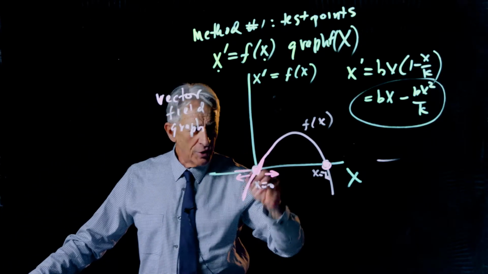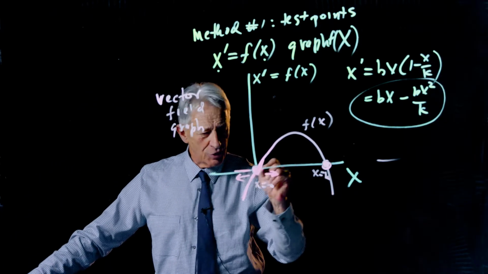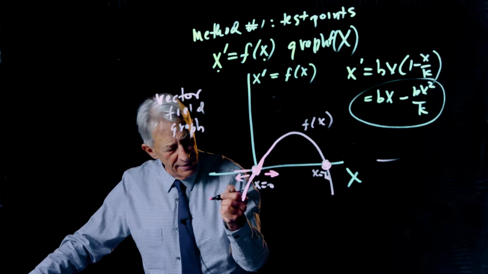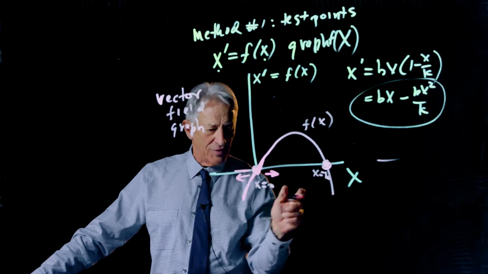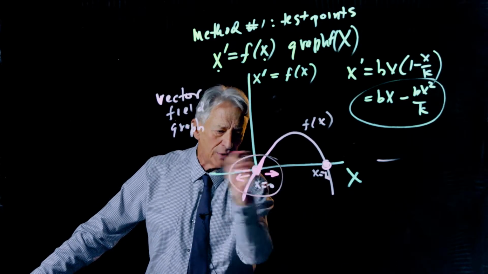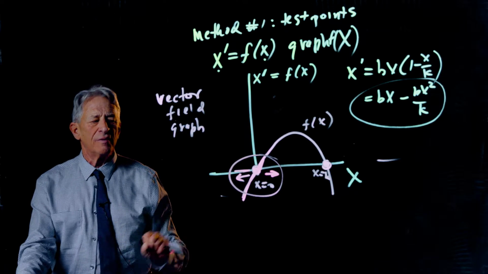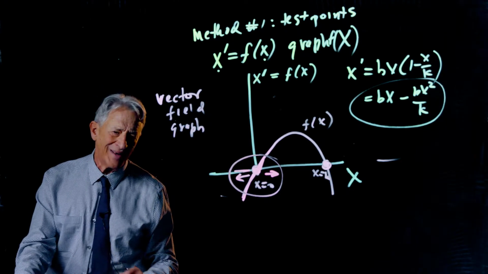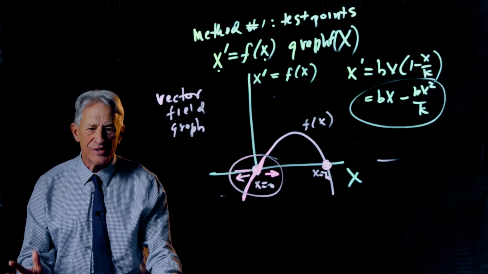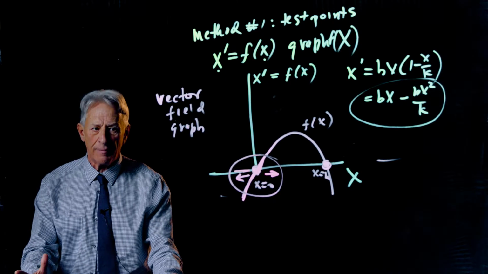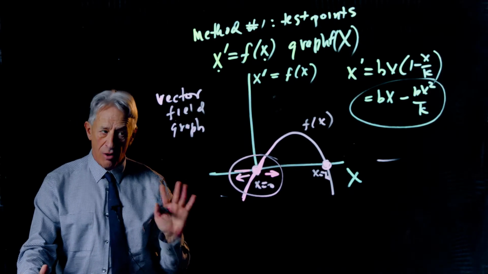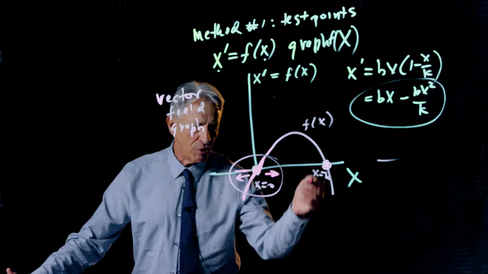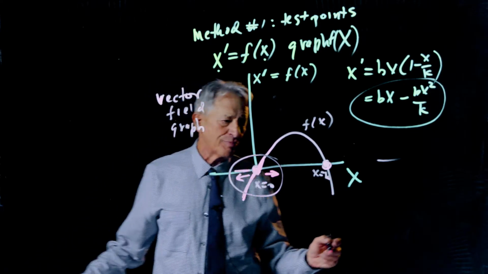So just by looking at this curve and seeing how it crossed 0, negative on the left, positive on the right, we immediately read off the character of the equilibrium point. This has to be an unstable equilibrium point. Correspondingly, let's go over to x equals k.